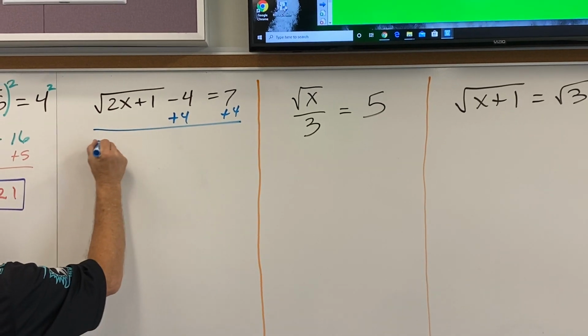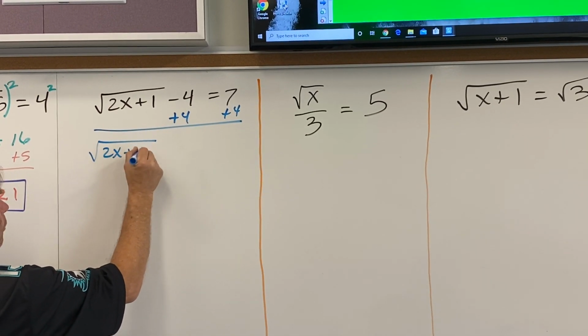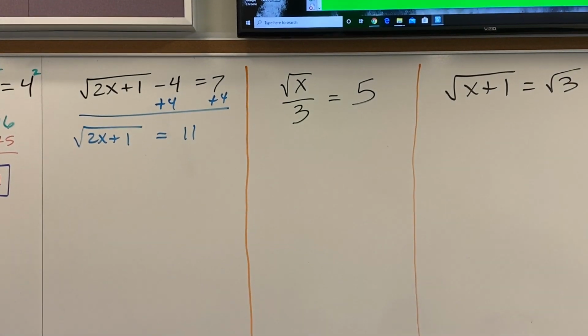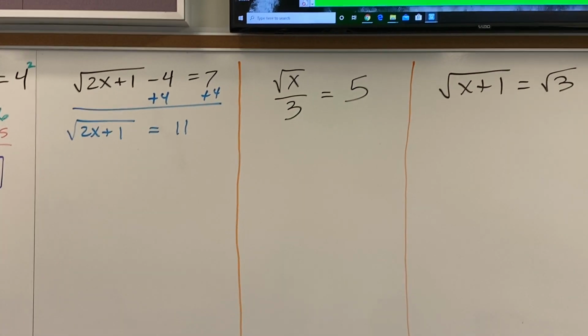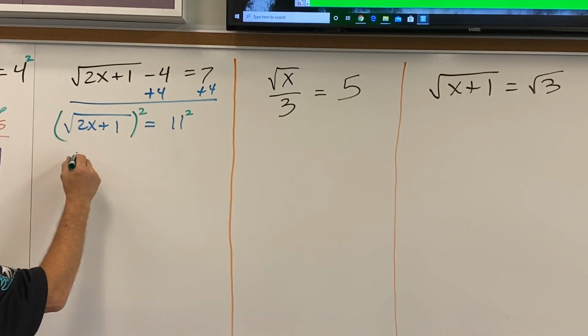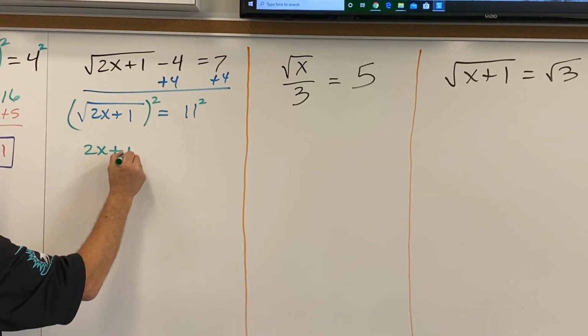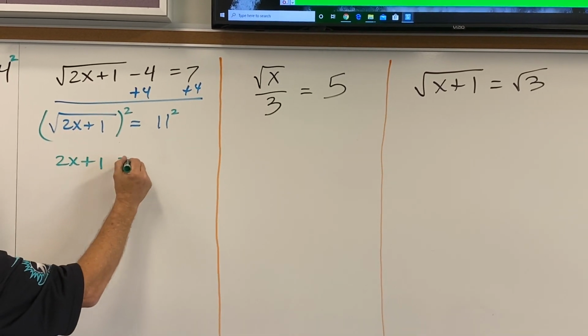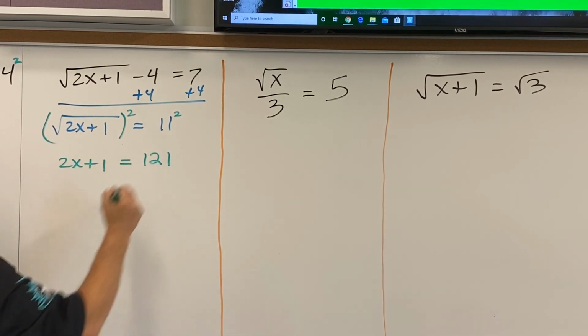That gives me root 2x plus 1 equals 7 plus 4, which is 11. Much nicer. Now I'm ready to square both sides. So it's going to give me 2x plus 1. This whole root thing squares, cancels, gives me that, equals 11 squared, which is 121.